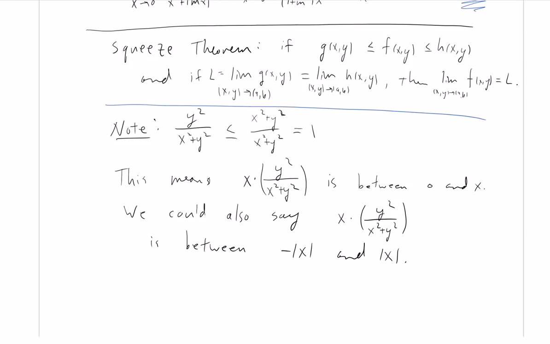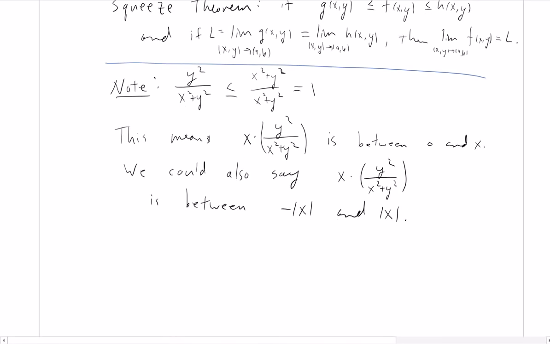If x is negative, then it's just flipping it and saying it the other way around. And now we have our g and h that we can use for the squeeze theorem. Because now this works regardless if x is positive or negative because of the absolute value bars. So now take g of x, y to be minus the absolute value of x, and h to be the absolute value of x.